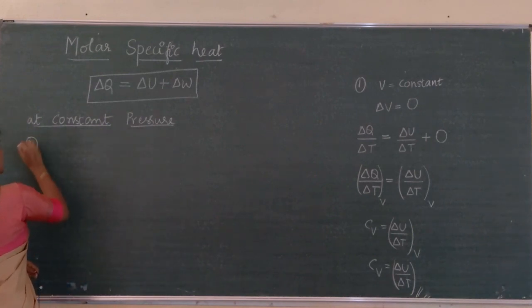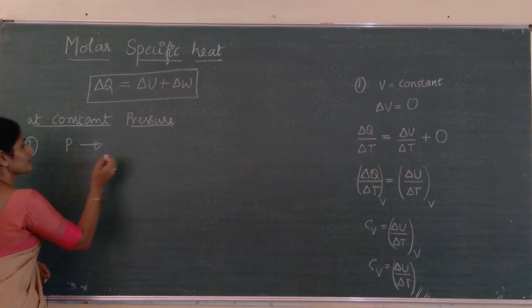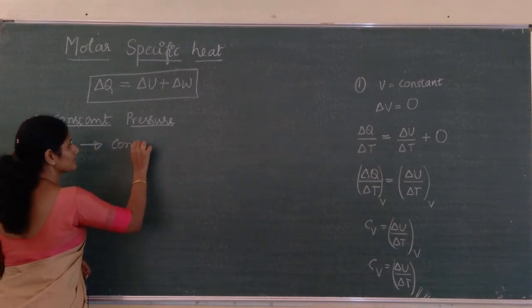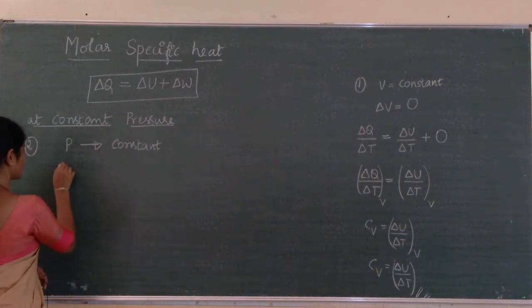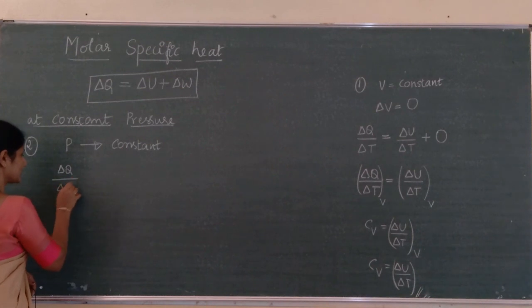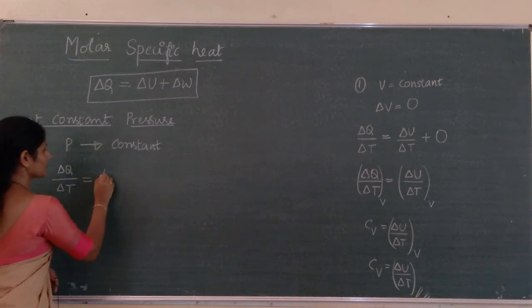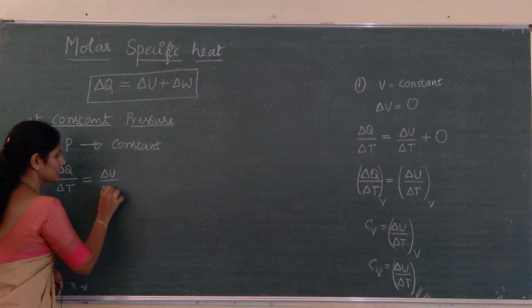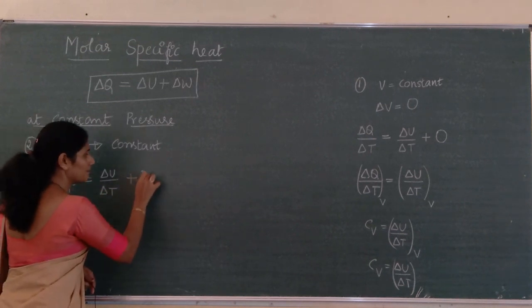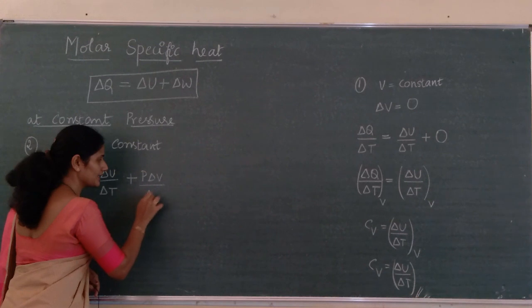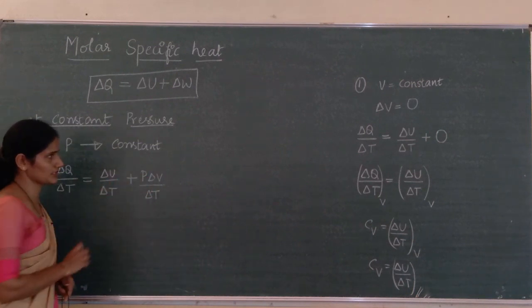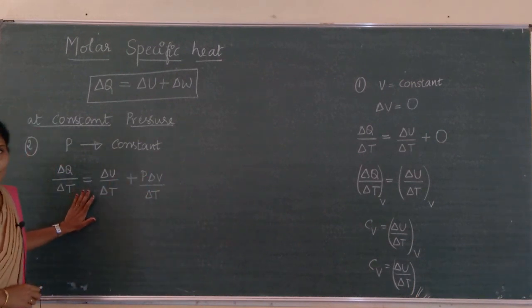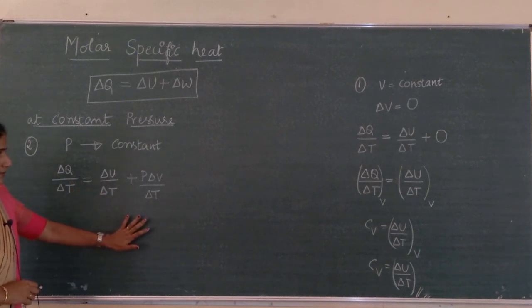P is constant, we have the equation delta Q by delta T is equal to delta U by delta T plus P delta V divided by delta T. Pressure is constant, so this expression remains the same.